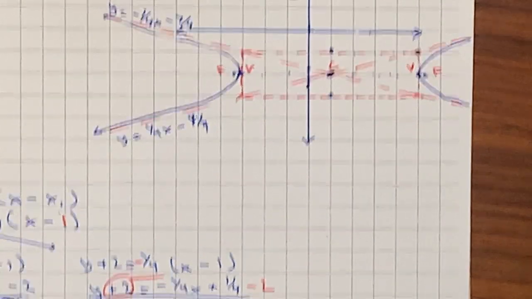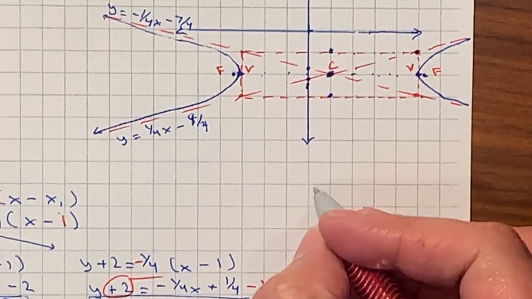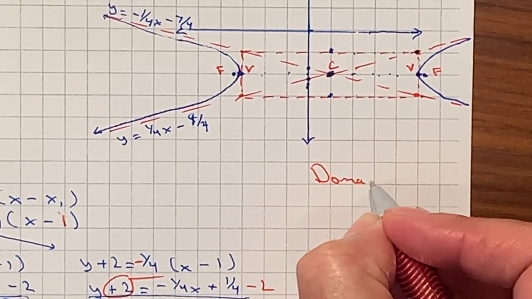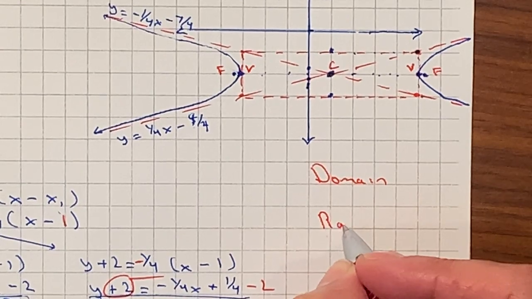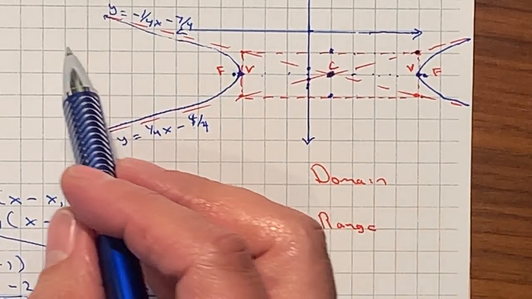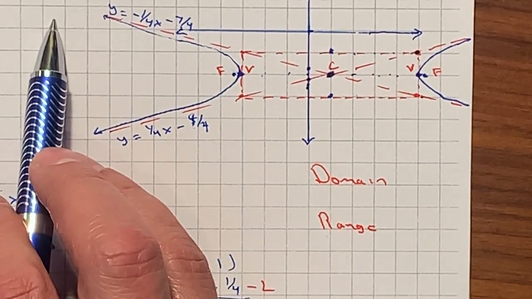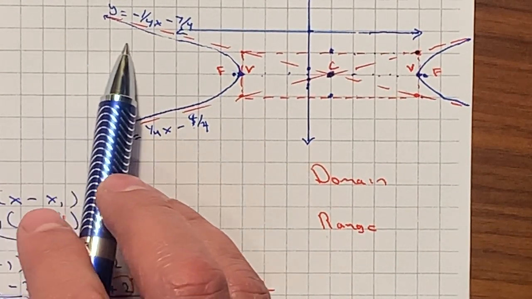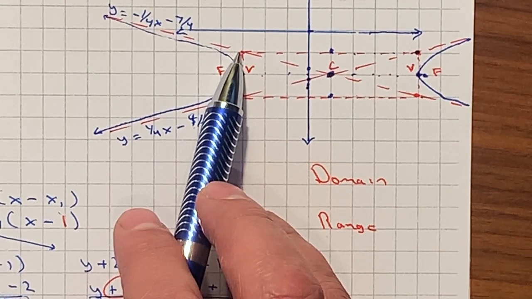And the last thing I need to do, I need to be able to find my domain and range. So therefore my domain is from negative infinity all the way up to negative 3.